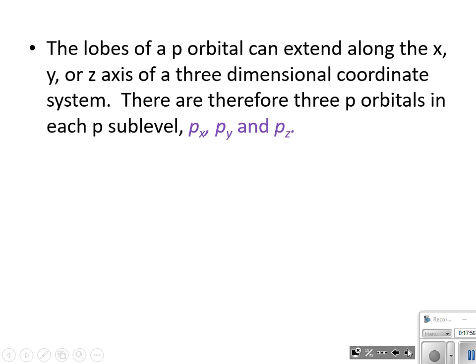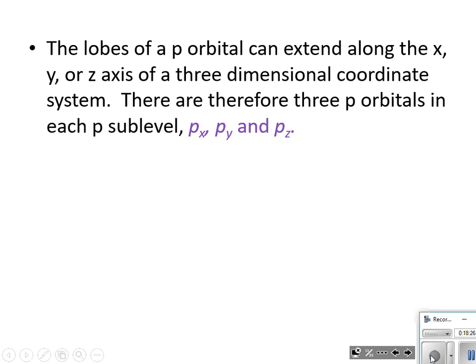Therefore, with the p orbitals, we call them the p sub x, the p sub y, and the p sub z orbital. So once again, you'll hear me refer to these as px, py, pz. So let's say we have an electron that is on the second main energy level.